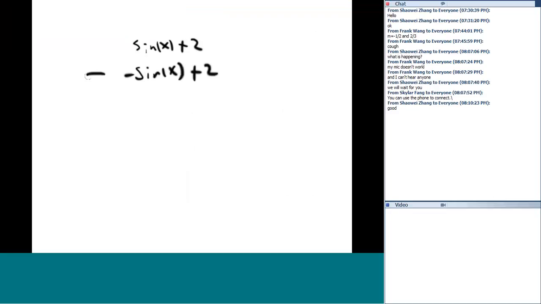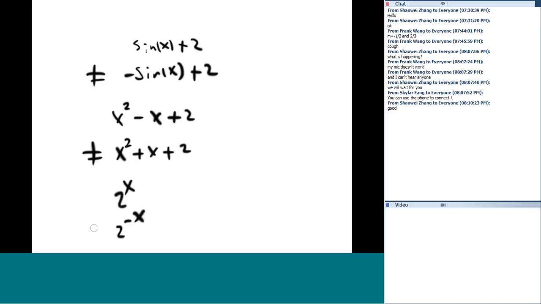They're not equal. So x squared minus x plus 2, I don't remember. Then put minus x there, then get x squared plus x. I think it's plus 1. They're not equal. So the last one is 2 to the x, then put 2 to the minus x, they're not equal. So none of them, okay?